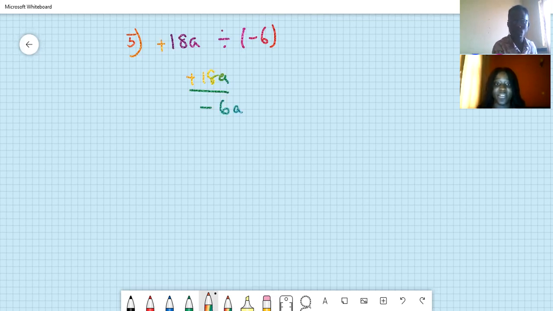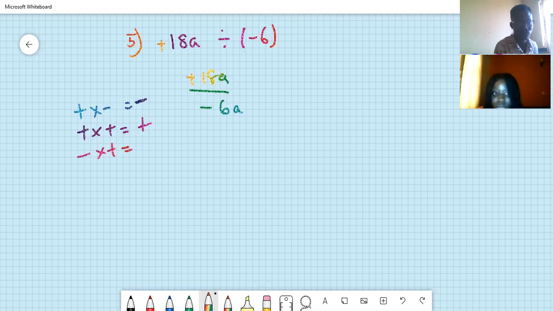So the same thing that is happening with multiplication is still the same thing that is happening with division. This is what I mean. Plus times minus is going to give you minus. Plus times plus is going to give you plus. Minus times plus is going to give you minus, and minus times minus is going to give you plus.